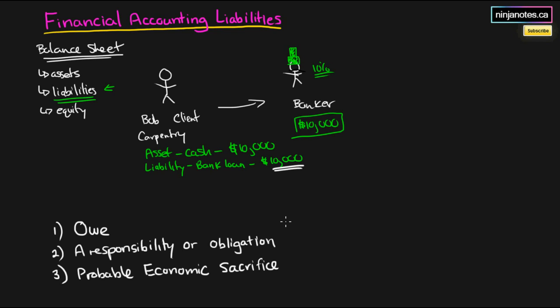And a liability is a probable economic sacrifice, and we say probable because it is possible that Bob may default on this loan, or he might not be able to pay it back, so he might declare bankruptcy, and so on. In the most likely scenario, he is probably going to pay back this loan. And these are just criteria for the definition of a liability. So when we're trying to decide whether something is a liability, we'll probably refer to these attributes.